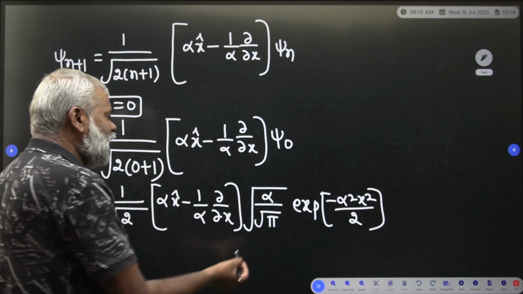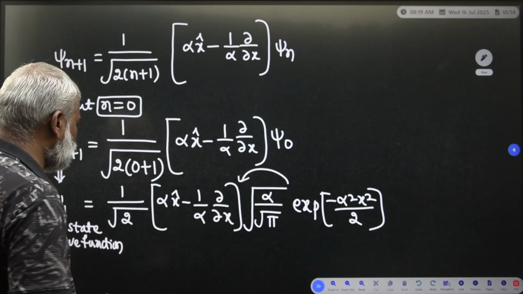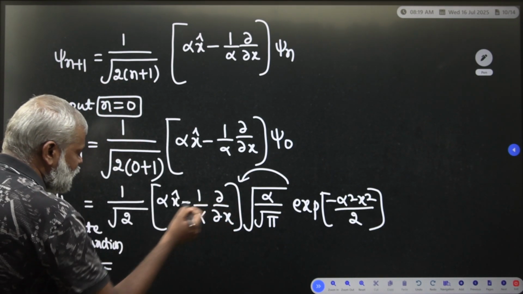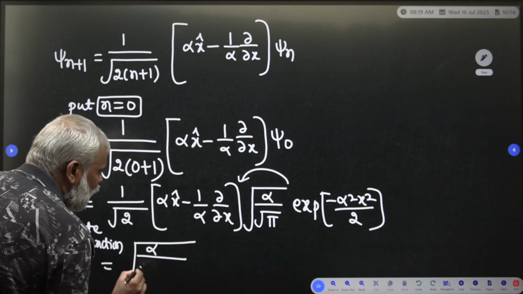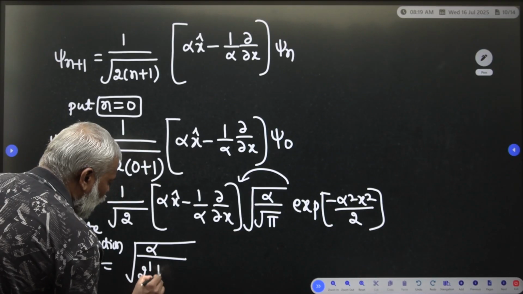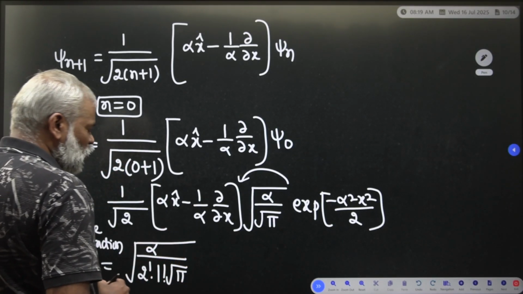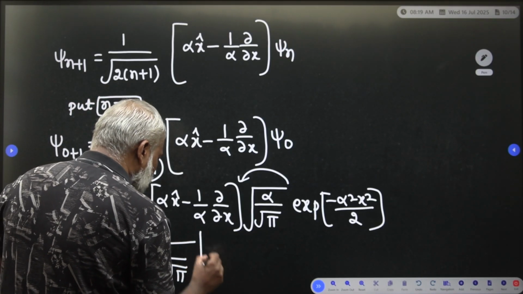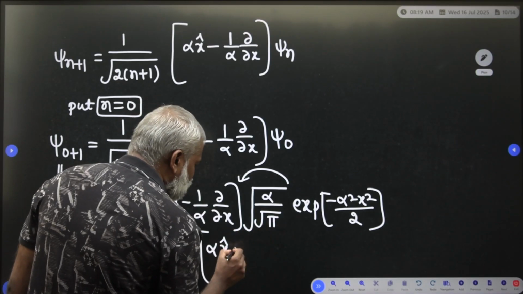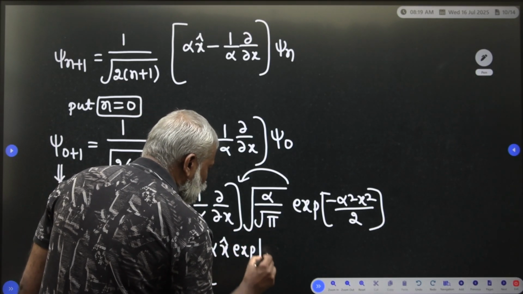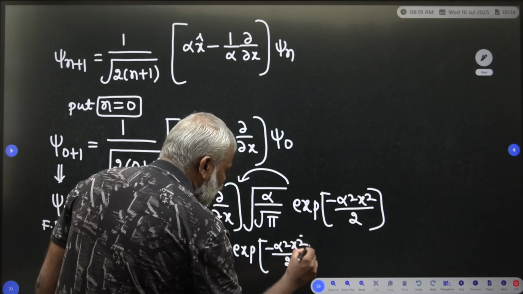So now this entire term you have to take inside. Before going to that, we take it as square root of alpha divided by 2 to the power of 1 factorial root pi. So root pi into alpha into x cap into exponential of minus alpha square x square divided by 2.